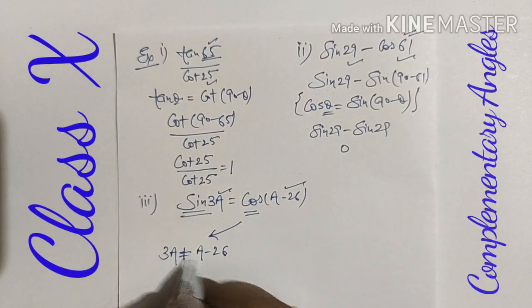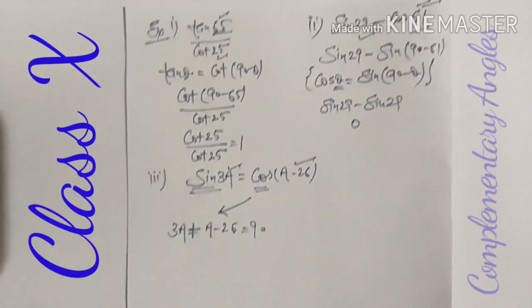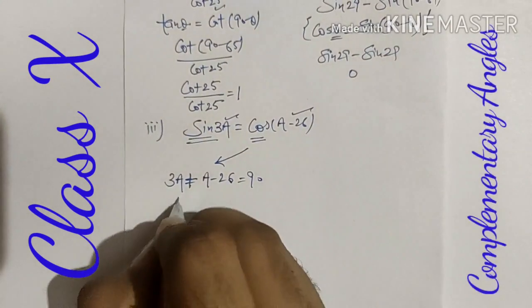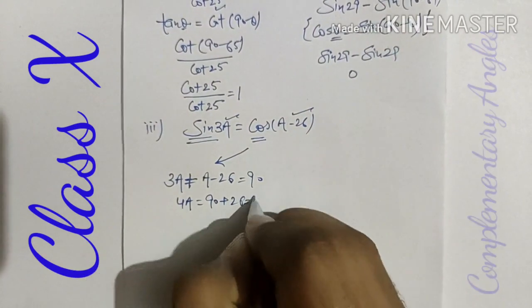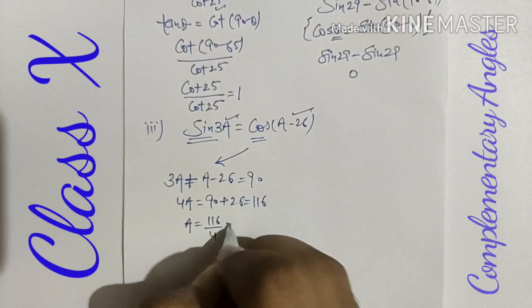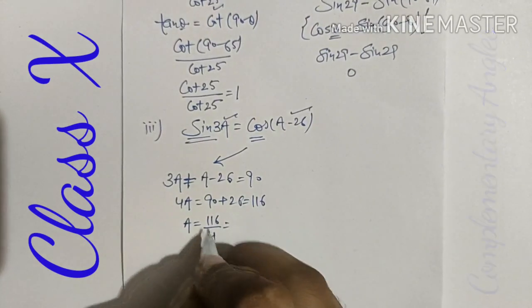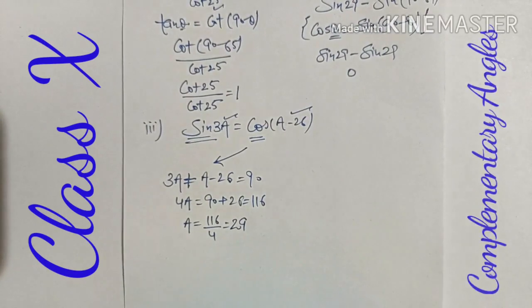Their sum should be 90. This is the condition. If you add them, we get 4a, shifting 26 to the other side, 116. So a becomes 116 divided by 4. 4 1s are 4, 4 2s are 8, 3 balance, 3 with 6 is 36, 4 9s are 36.